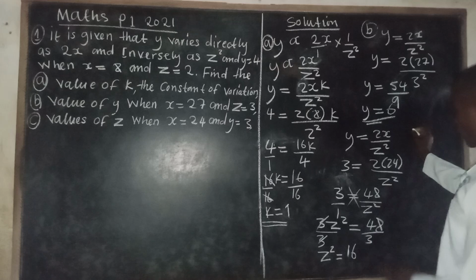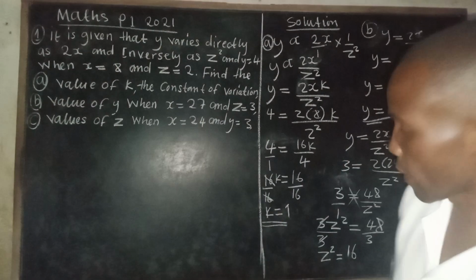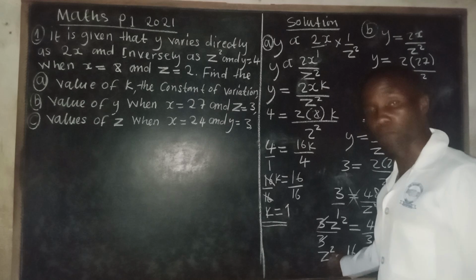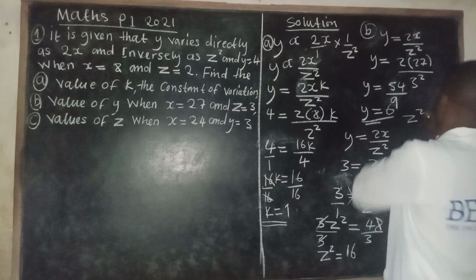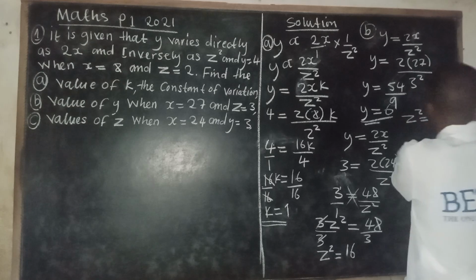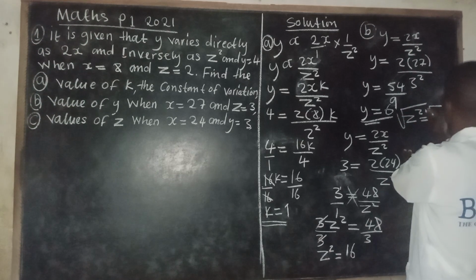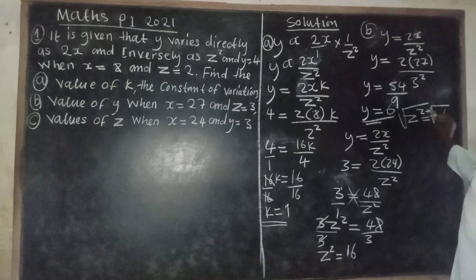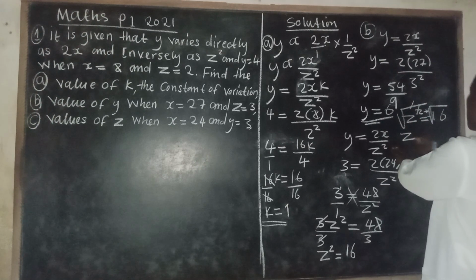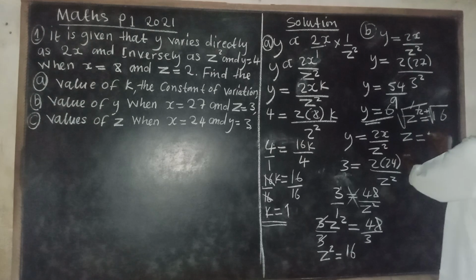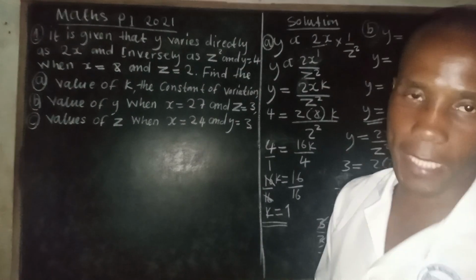Now we are going to introduce the square root on both sides so that we can eradicate this power 2. The moment you introduce the square root, you have two signs, positive or negative. So the square root and the power cancel, and you remain with z is equal to positive or negative the square root of 16.